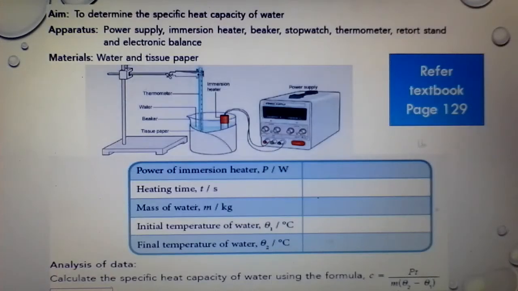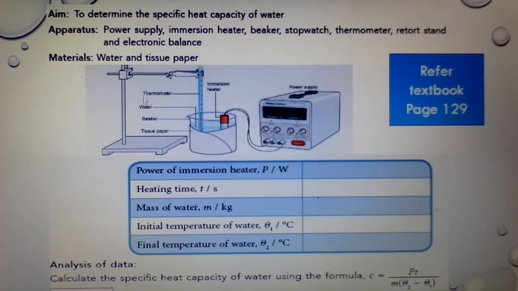Okay, now, next we have an experiment for you all to determine specific heat capacity of water and specific heat capacity of aluminium. Okay, so you can refer to your textbook on page 129. So the first activity, you want to determine specific heat capacity of water. Apparatus and material: power supply, immersion heater, beaker, stopwatch, thermometer, retort stand, electronic balance, water and tissue paper.